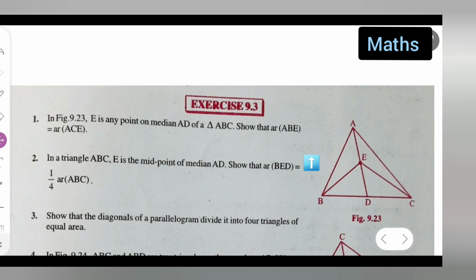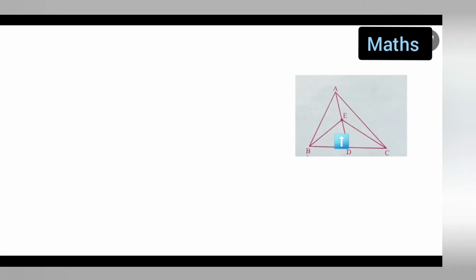AD is the median, right? Here what is given, AD is the median. You can write down the solution right over here.